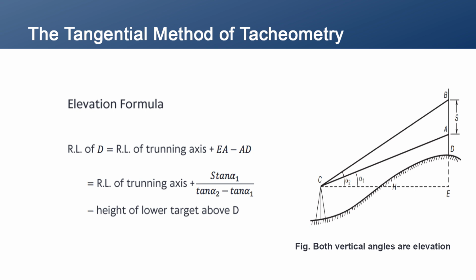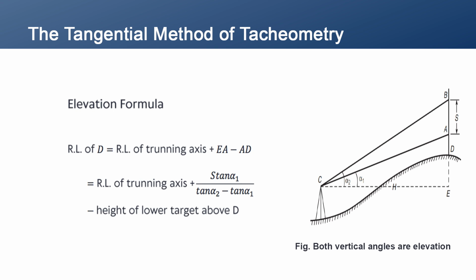We already know that the reduced level of D is equal to RL of the trunnion axis plus EA minus AD. And we have previously found that AE, which is also equal to EA, is equal to S tan alpha 1 by tan alpha 2 minus tan alpha 1.